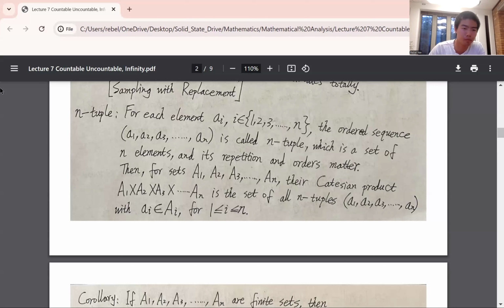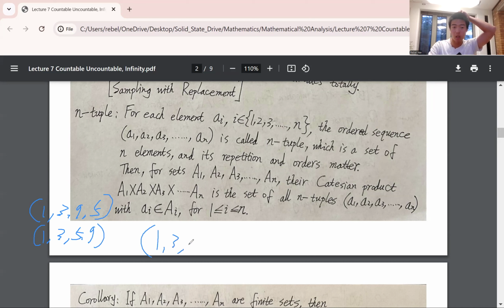For example, we can say 1, 3, 9, 5. If we order them as 1, 3, 5, 9, then it's a different tuple, right? And why does repetition matter? Because 1, 3, 3, 3 is not equal to 1, 3.